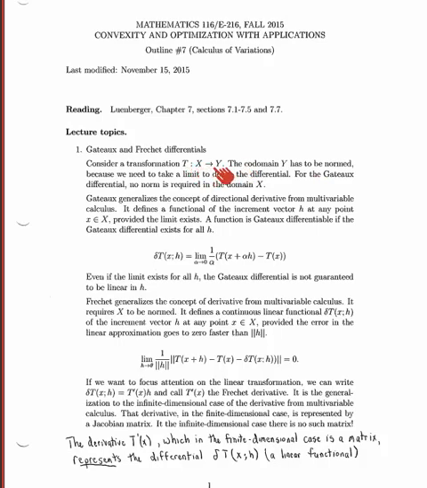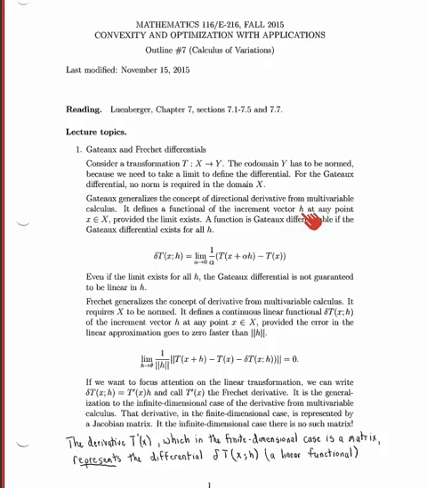So, we're considering some transformation T from space X to space Y. The codomain space Y has to be a normed space because we need to be able to take limits. The domain space X doesn't need to be normed if all we're doing is defining a Gateaux differential, because this is the concept of directional derivative extended to spaces that might be infinite dimensional.